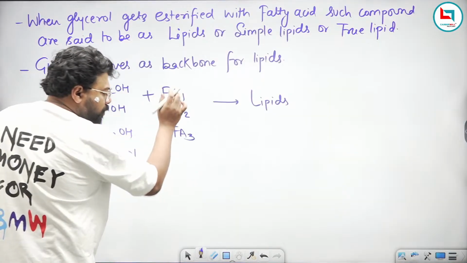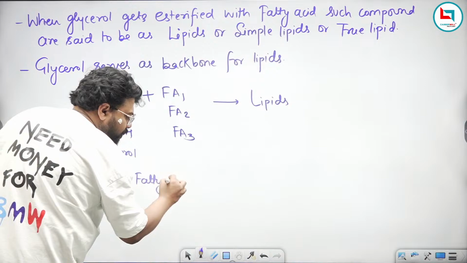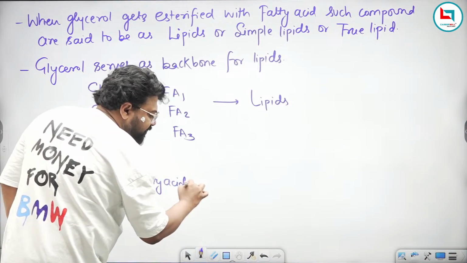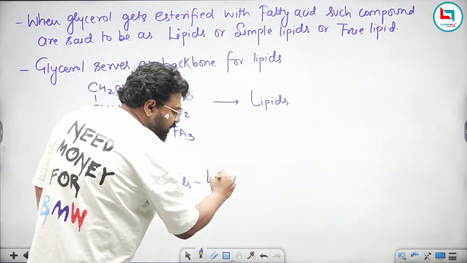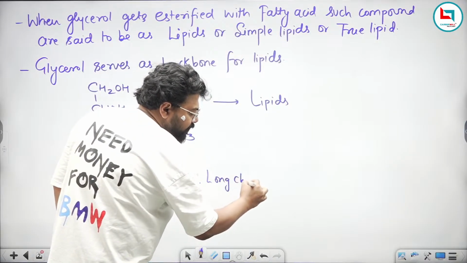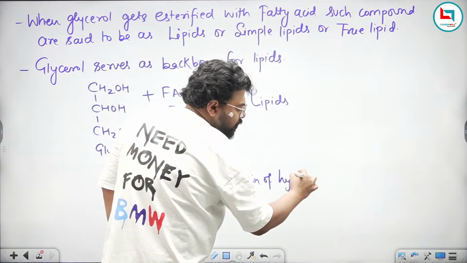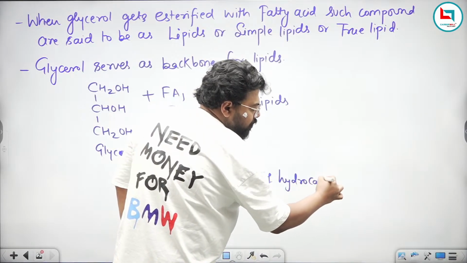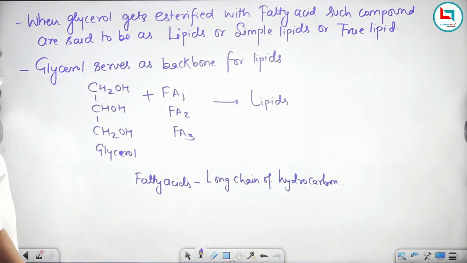Now let us talk about these molecules, fatty acids. Fatty acids are basically long chains of hydrocarbon.